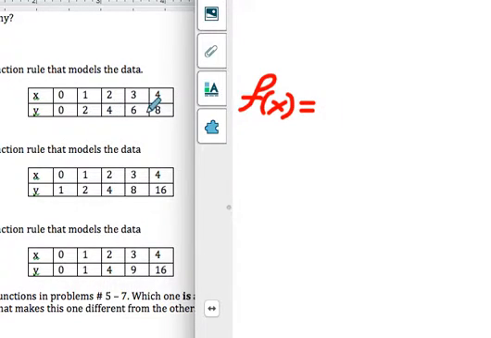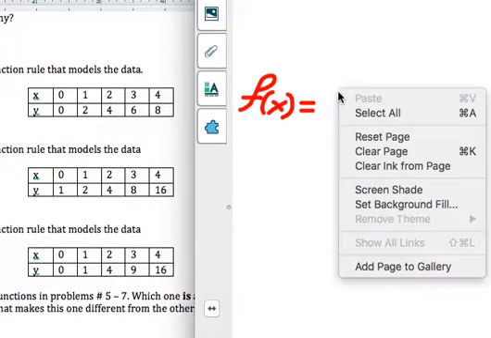And this is going up, each time it's going up by 2, by 2, by 2, by 2. So it looks like all we're doing is taking 2 times x.